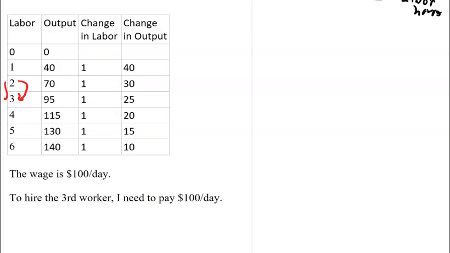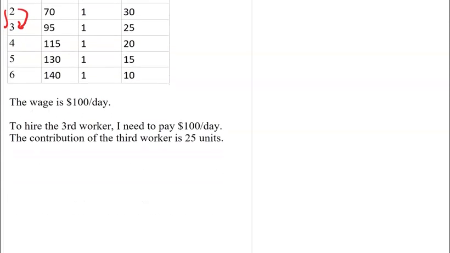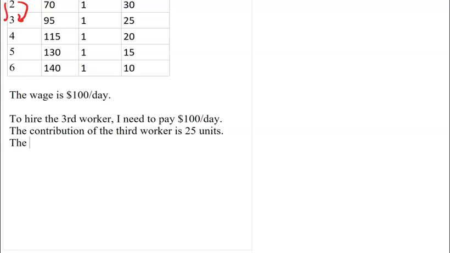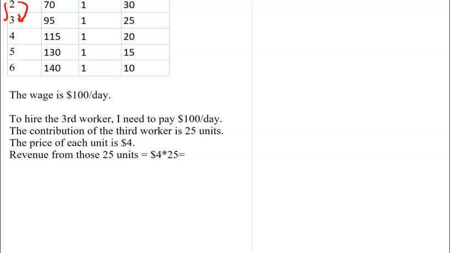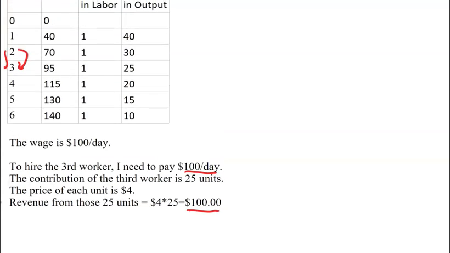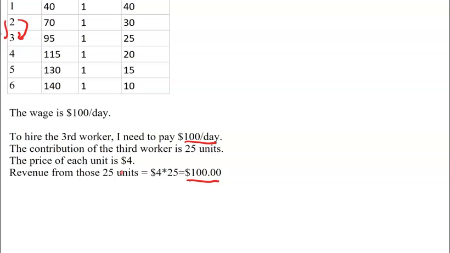Now, let's say the third worker's contribution is 25 units, and this is a price-taking firm where the price is $4. Then the revenue will be equal to 4 times 25, which equals $100. So I'm paying this person $100 and I get $100 of revenue. In this case, I would be indifferent to hiring this third worker.